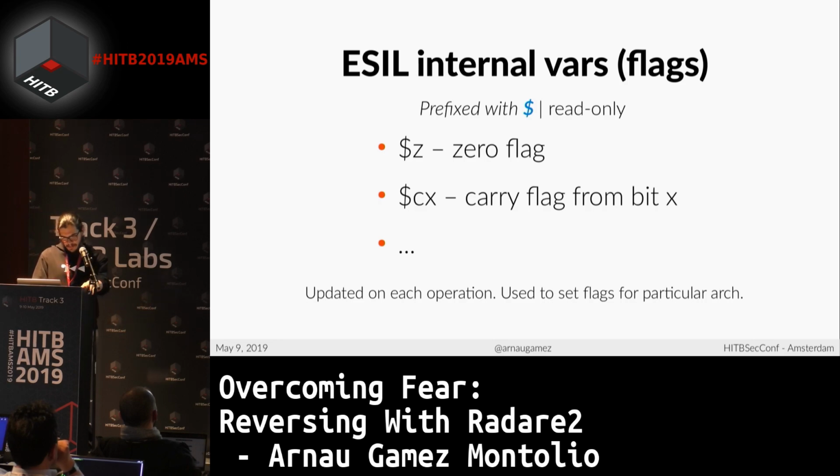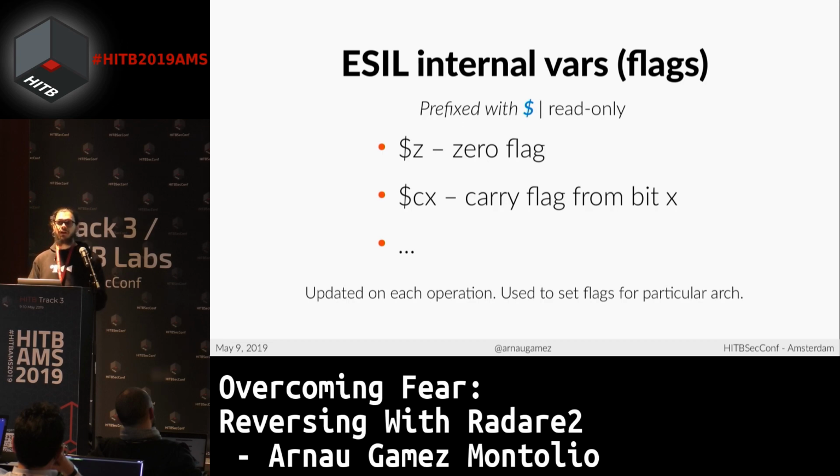I will explain a little bit about the flags and why we have internal flags, and why we don't just have some register flags like a normal architecture. The point is that the internal flags on ESIL are updated at every operation that ESIL performs.